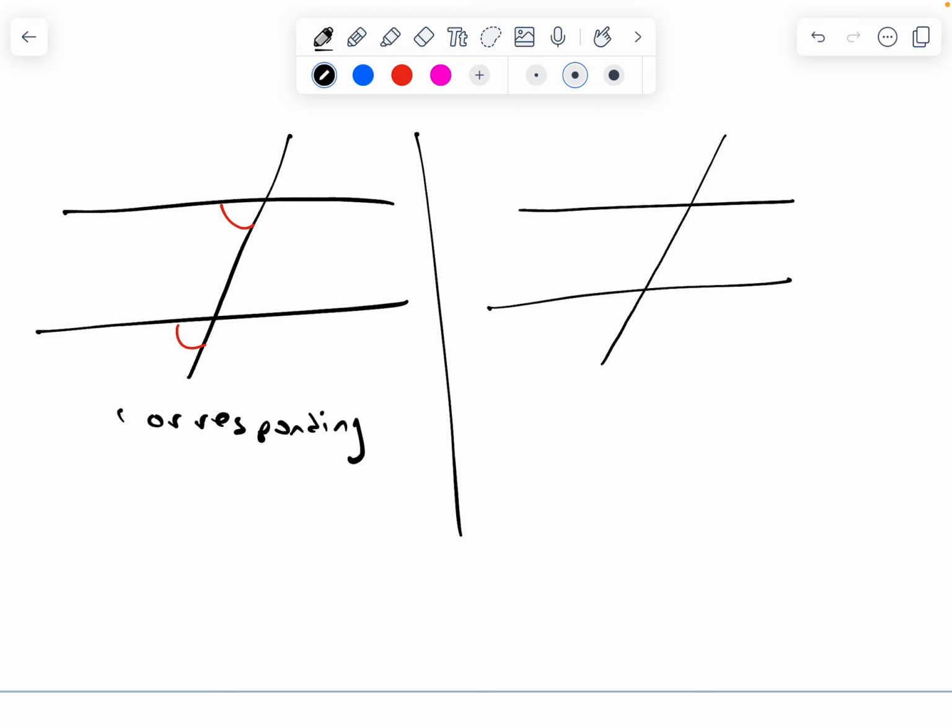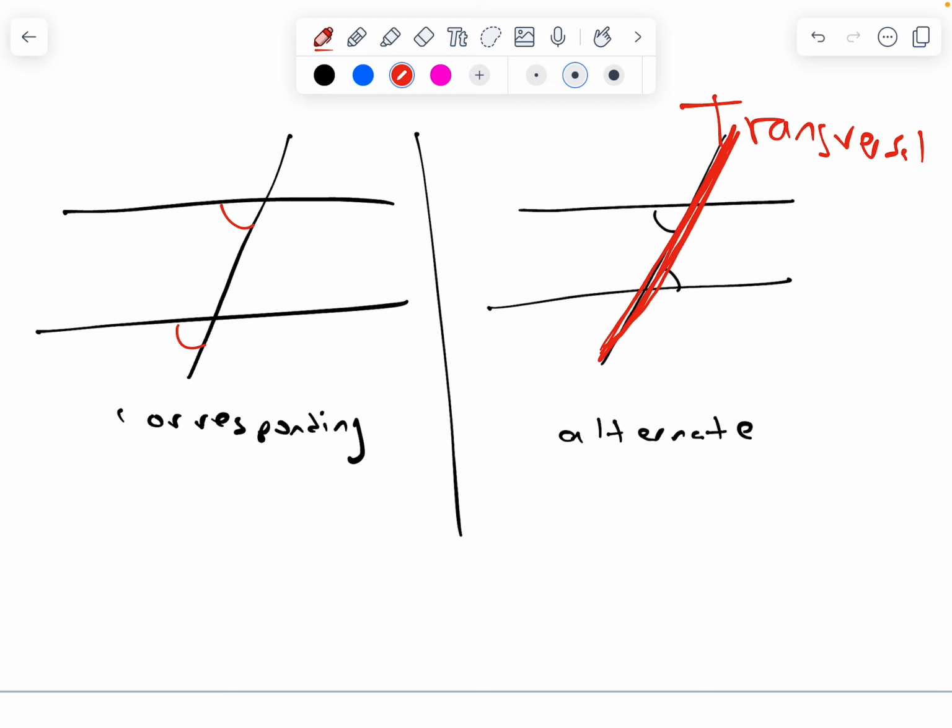These are called alternate interior. Alternate means they alternate sides of the transversal. This red line is the transversal, and you can tell that these two lie on opposite, or alternate, sides of the transversal.